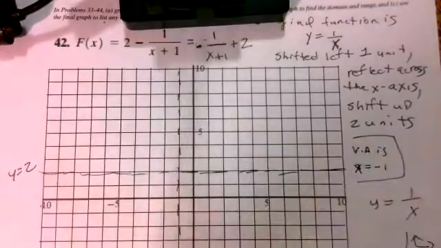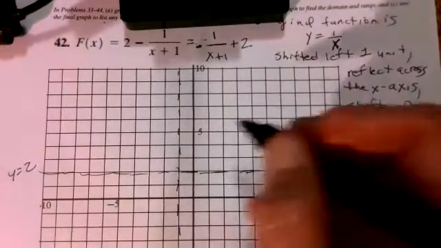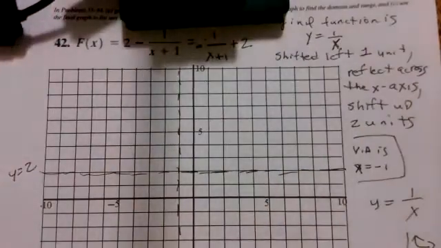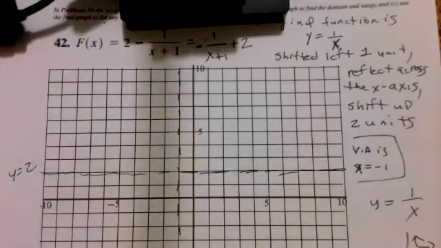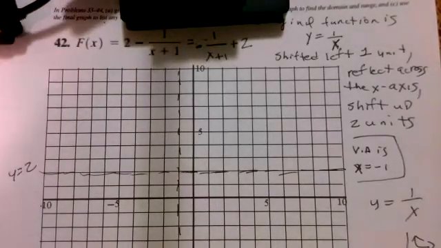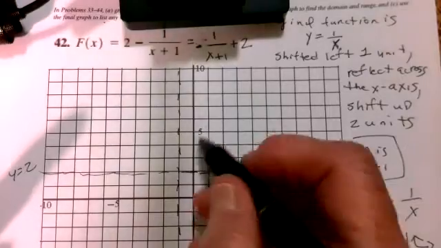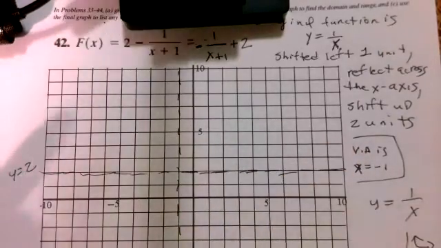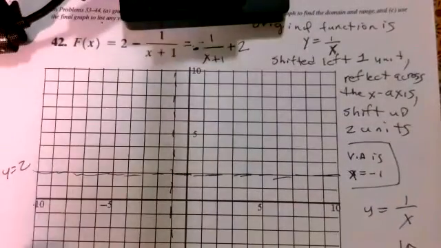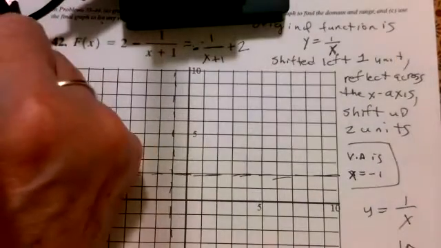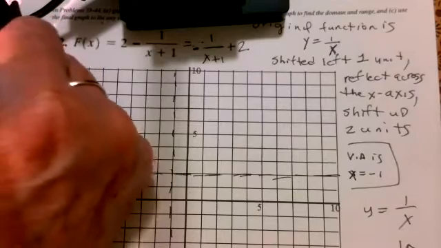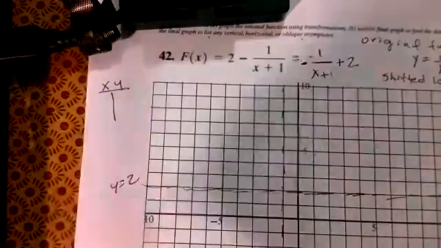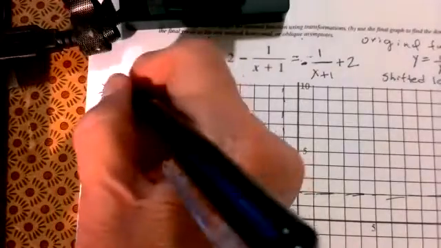Then what you can do is you can just make a little XY chart and get a few other points. If x is equal to 0, then what would y be equal to?